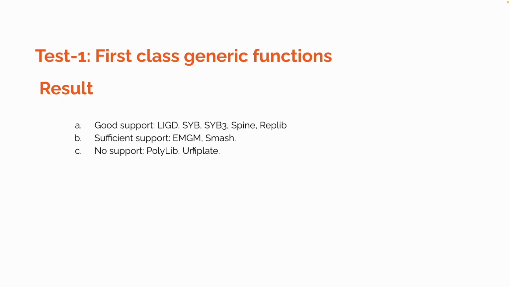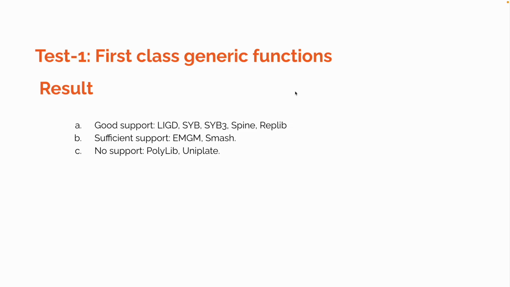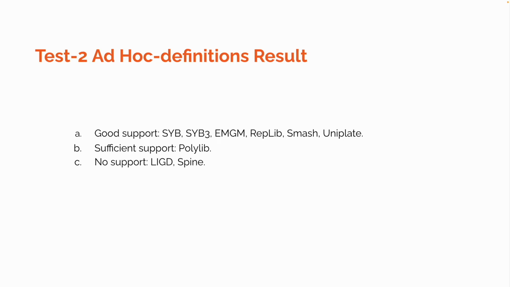There is sufficient support. For example, EMGM and Smash, they have support, but they are not as great as SYB or LIGD or Spine. And then there are Polylib or Uniplate, they don't have support at all. So we know which libraries have the best support for first class generic functions.